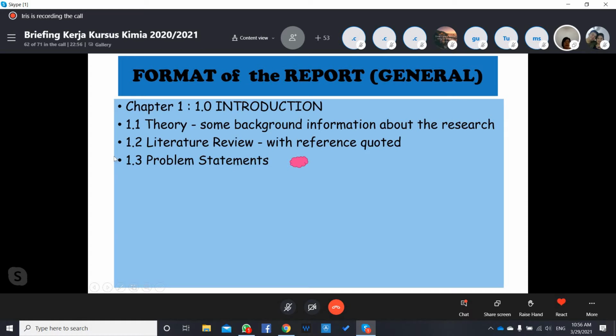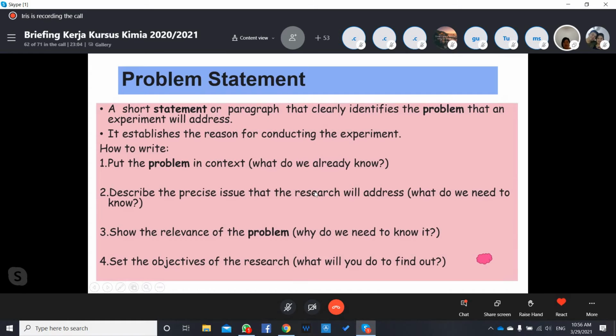Then next one is 1.3, problem statements. Okay, so let's look at problem statement. So problem statement is either a short statement or a short paragraph that clearly identifies the problem, okay, the problem that this experiment or this project that you are going to study, that you are going to carry out.